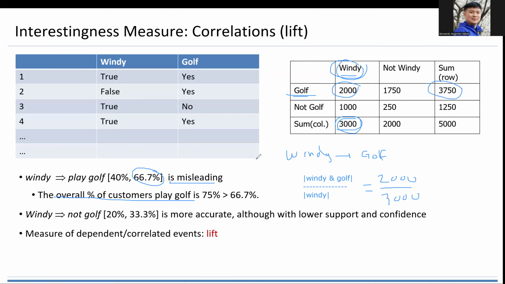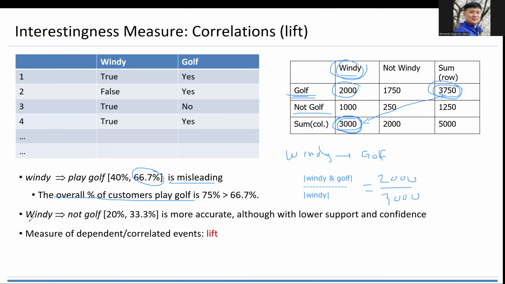So this is a little bit confusing. We have 3,000 windy data, but the customers who play golf are 3,750. So this number somehow is still misleading.